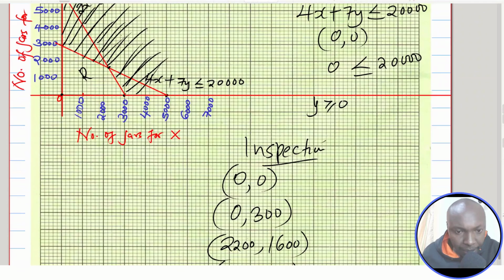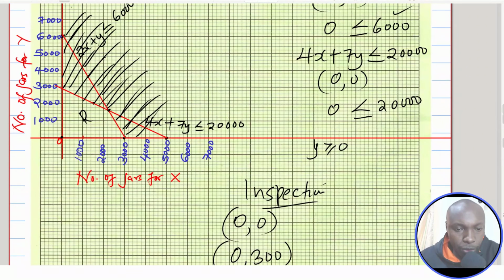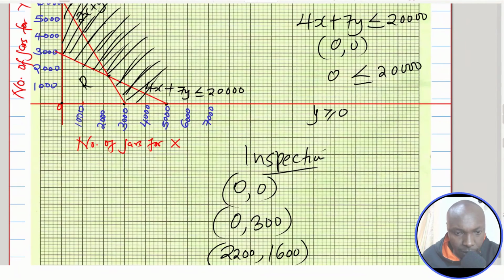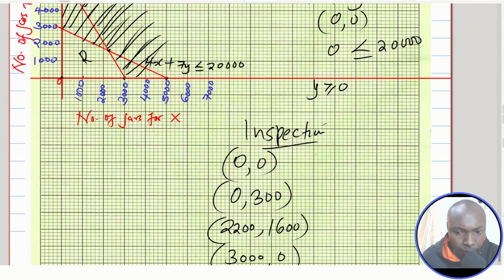To find the point that is going to help us maximize or minimize the profit, we look at the feasible region, or the required region, and take the corner points of that region. The corner points we have identified are 0, 0; 0, 3,000; 2,200, 1,600; and 3,000, 0.